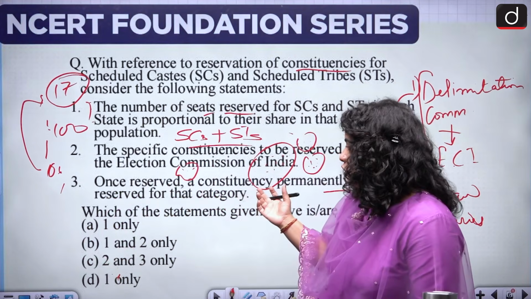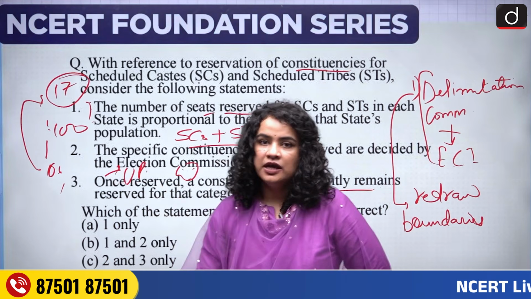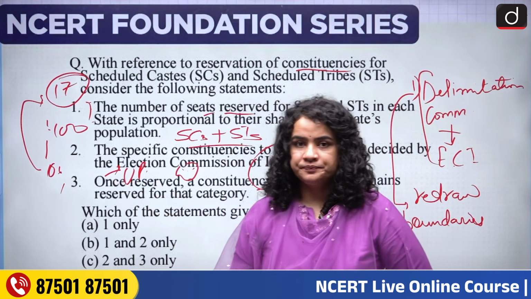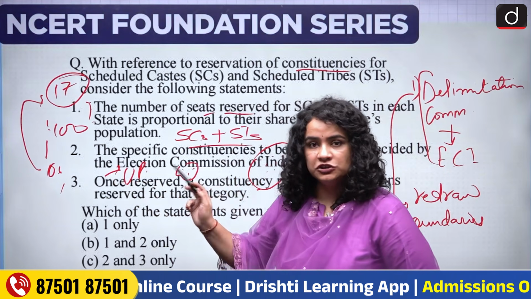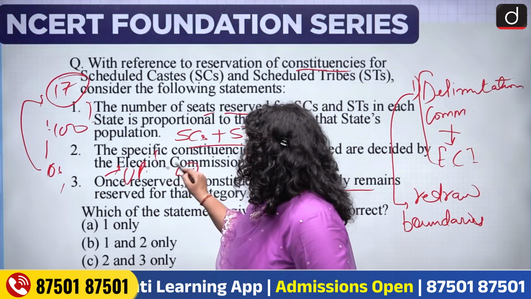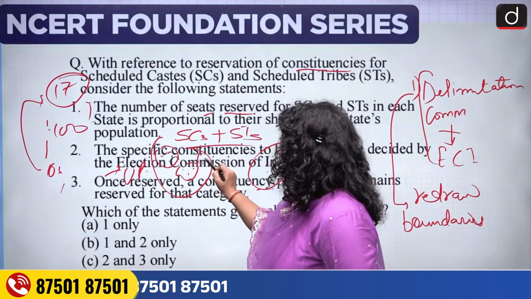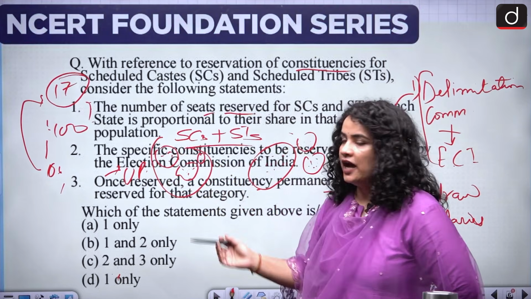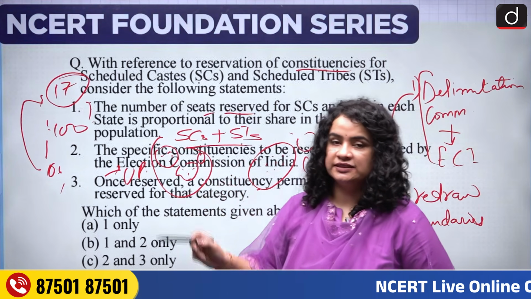So, let's say when we are talking about UP, this is just a hypothetical example, the Delimitation Commission will consider which constituencies have a relatively higher population of scheduled castes and mark them as reserved constituencies.